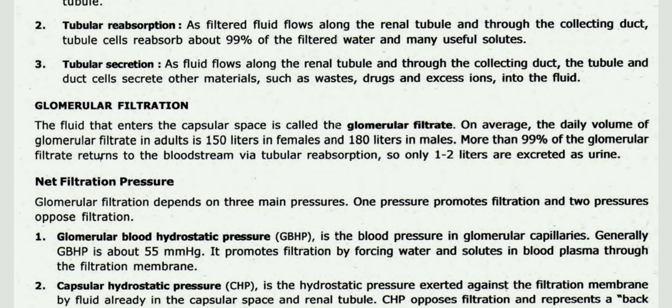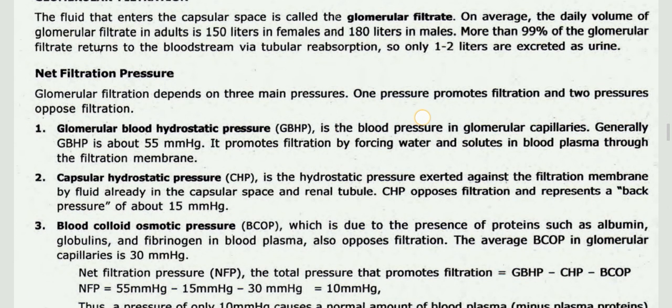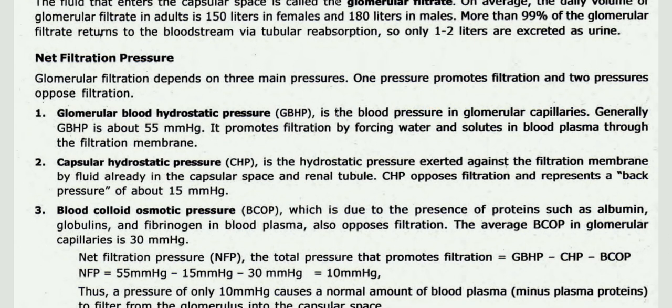Net filtration pressure. Glomerular filtration depends on three main pressures. One pressure promotes filtration and two pressures oppose filtration. Glomerular blood hydrostatic pressure, GBHP for short, is the blood pressure in glomerular capillaries. Generally, GBHP is about 55 mmHg.